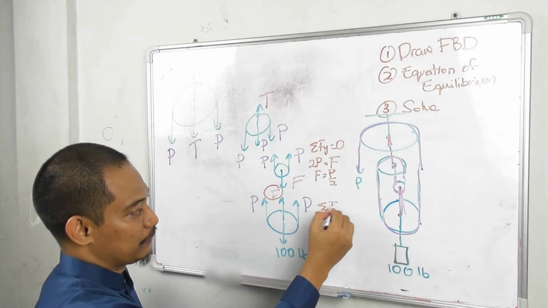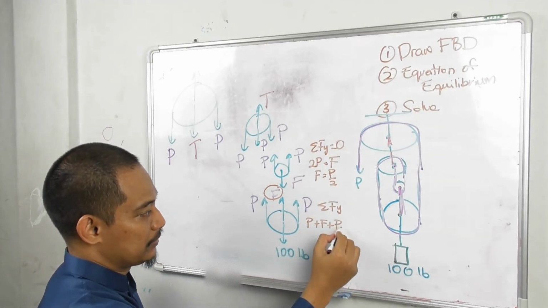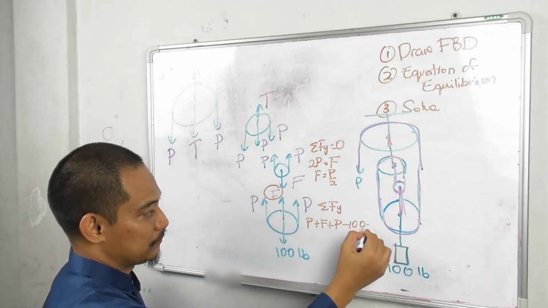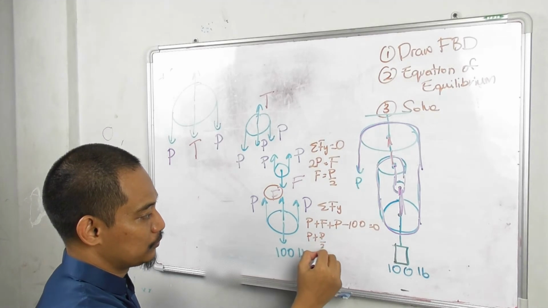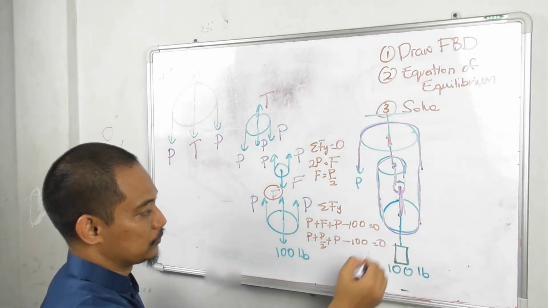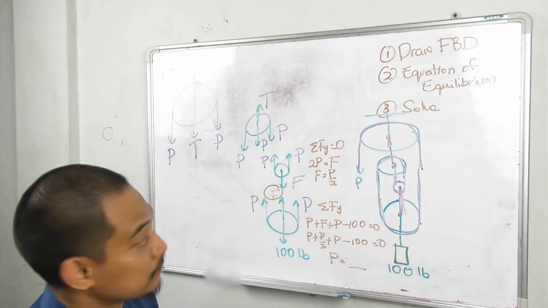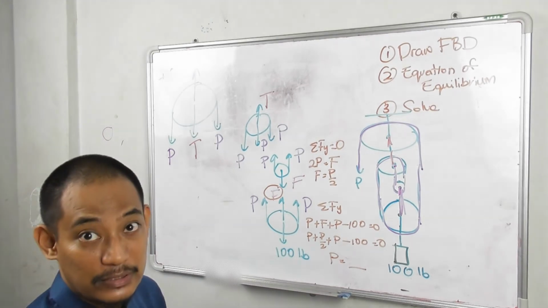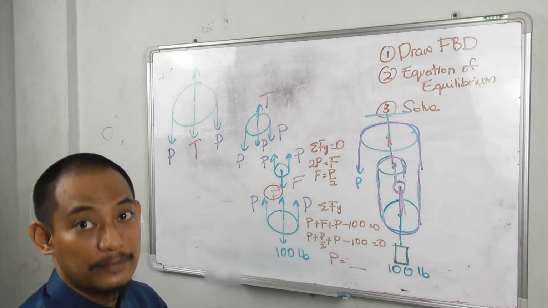If you do summation Fy here, it's basically P plus F plus P minus 100 equal to 0. But F is P over 2, right? So P plus P over 2 plus P minus 100 equal to 0. So from here you can solve for P. And that's the answer to question 1, P. So you get the answer already, right?